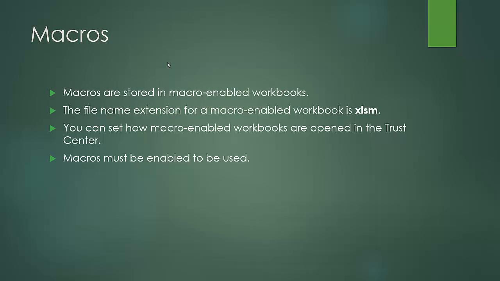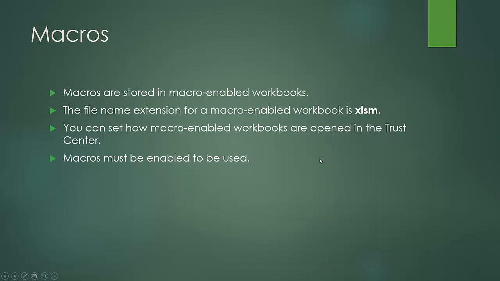And for that reason, in order for the macro to work, you have to save it in a macro-enabled workbook. It will be saved with a new file extension, XLSM.